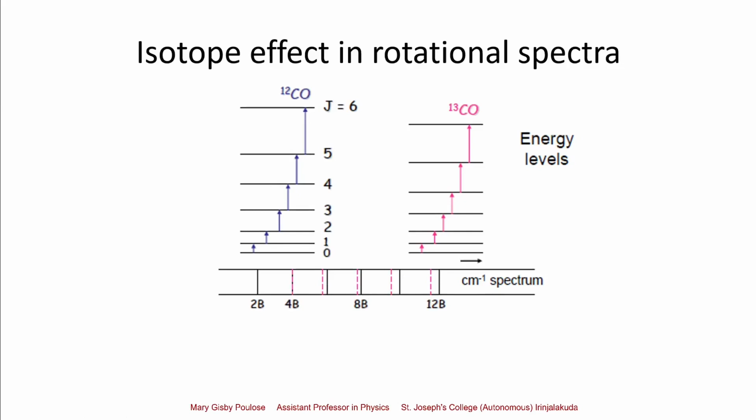So we understand that since the energy levels are reduced due to higher nuclear mass, the rotational spectral lines are shifted. Now, when the replaced atom has greater mass, the isotope shift is positive.